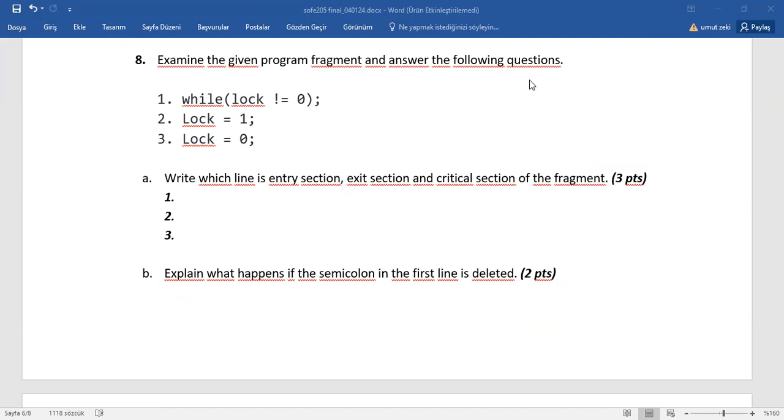Question 8. I ask you to write which line is the entry section, exit section, and critical section of the fragment. Actually, after it passes this part, it goes to the entry section. When it passes this one, it means it is in the critical section. And when it passes this one, it means it is the exit section.